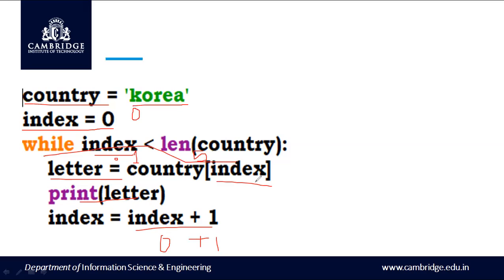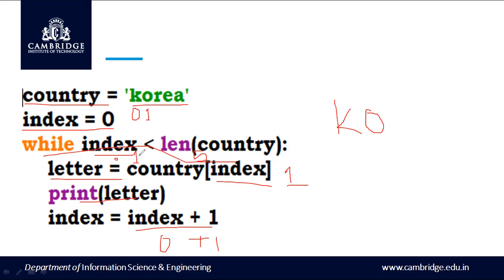Now the traversal moves to the next character, that is country of 1, which is O. So the letter O will be printed. First letter K and then the letter O, and again the index is incremented. This time index holds the value 2 because previously the value of index was 1, so it is 1 plus 1, 2.